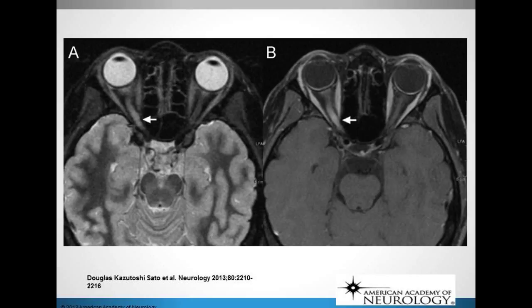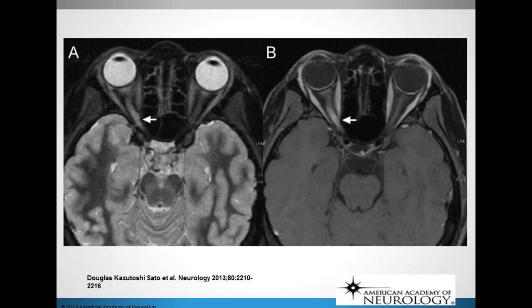Now, optic neuritis is not always a product of MS. There are other disorders that can cause optic neuritis, and we'll get into that a little bit, but I'm bringing it up at this particular slide because this slide happened to be from a patient who had neuromyelitis optica, which is a disorder that can almost be considered a kissing cousin of MS. It's not exactly MS. We treat it with different medications, so it's important to identify it as a different disorder.